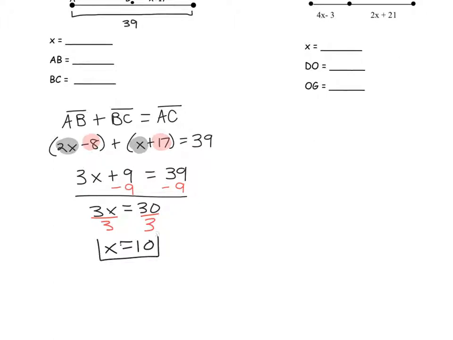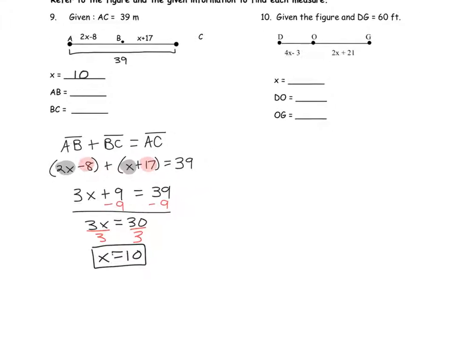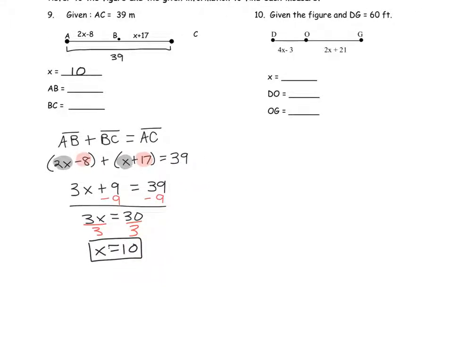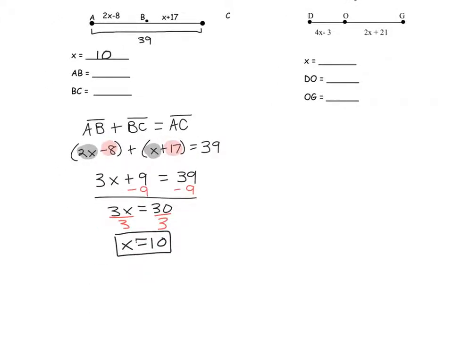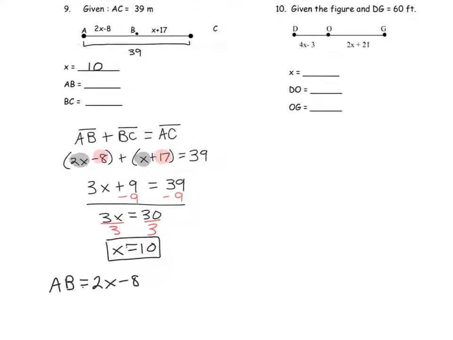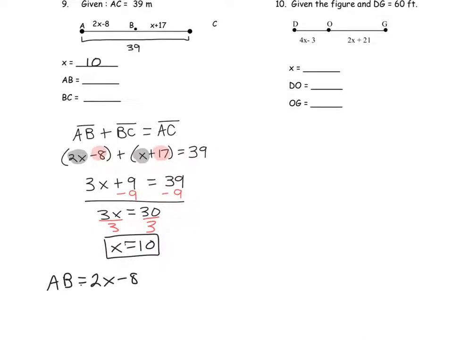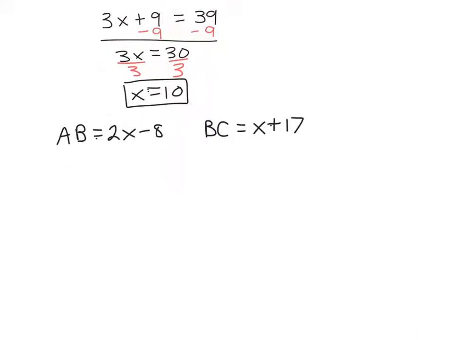So this is part of our answer, but they're also asking us to find the length of AB and the length of BC. So we're going to have to substitute. So first we see that the length of AB is 2x minus 8. And we can also see the length of BC is x plus 17. And we're going to substitute x equals 10 into both of those equations to find their lengths.